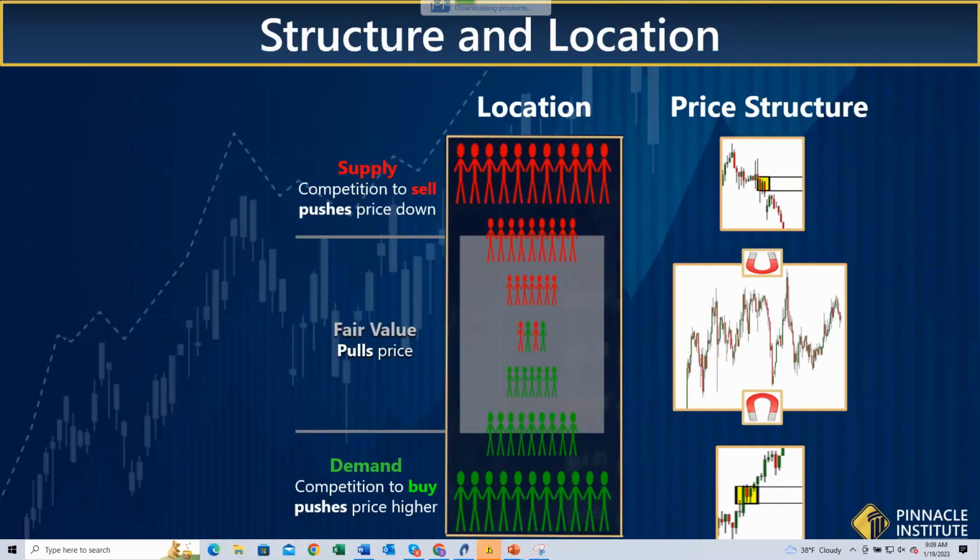Fair value is the price level or price range where the majority of buyers and sellers in a market agree to buy and sell, right? And we could be talking about any market there. It doesn't have to be the financial markets. It could be any market. The market for food, the market for clothes, appliances, cars, automobiles, homes, doesn't matter. Supply, demand, and fair value. Price spends most of its time in fair value because that's where the majority agree to buy and sell.